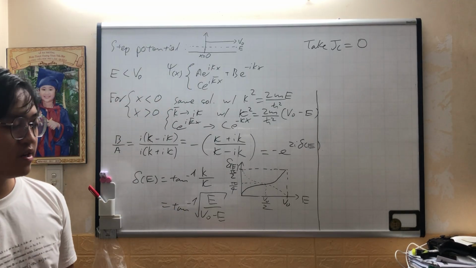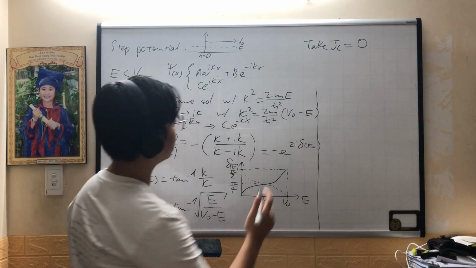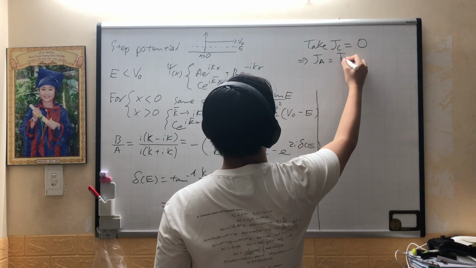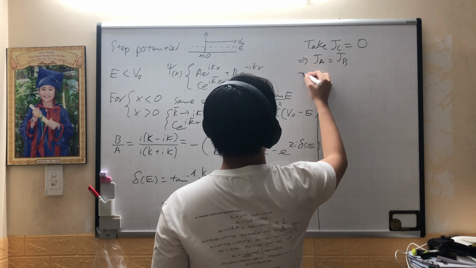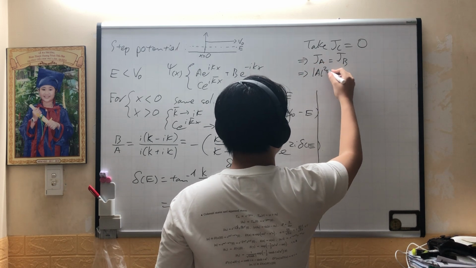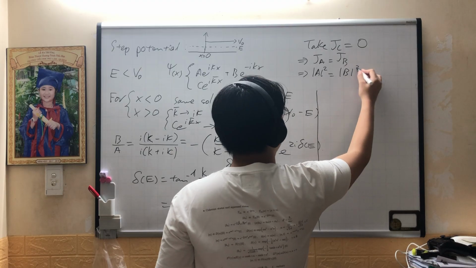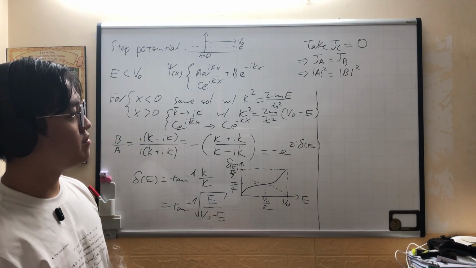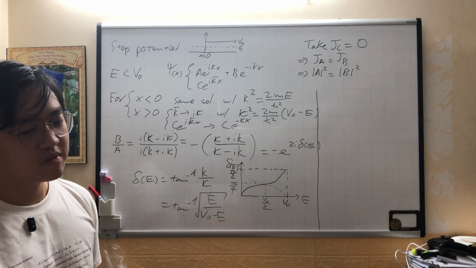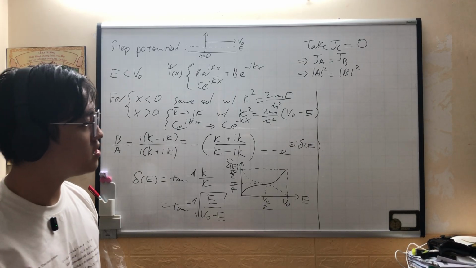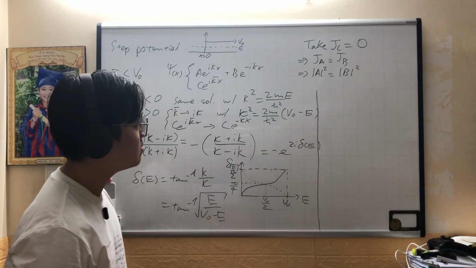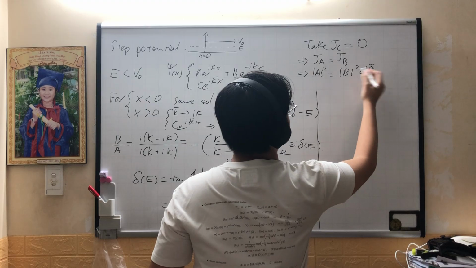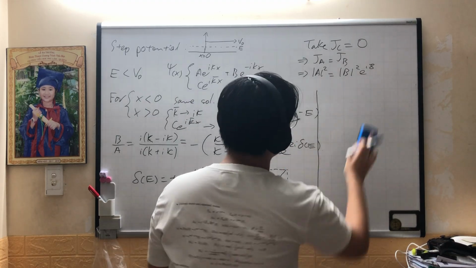So now you can get that the current A would equal current B, meaning that absolute A squared would equal absolute B squared. Meaning that these two are the same in amplitude, but they're going to be different in the phase. Meaning there would be some sort of phase on either A or B.